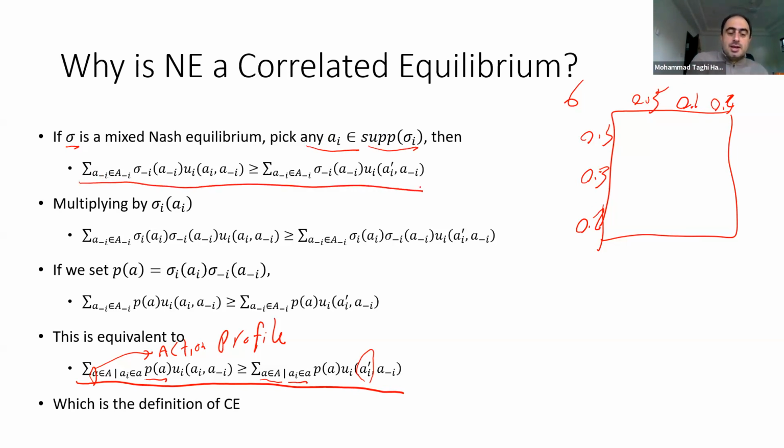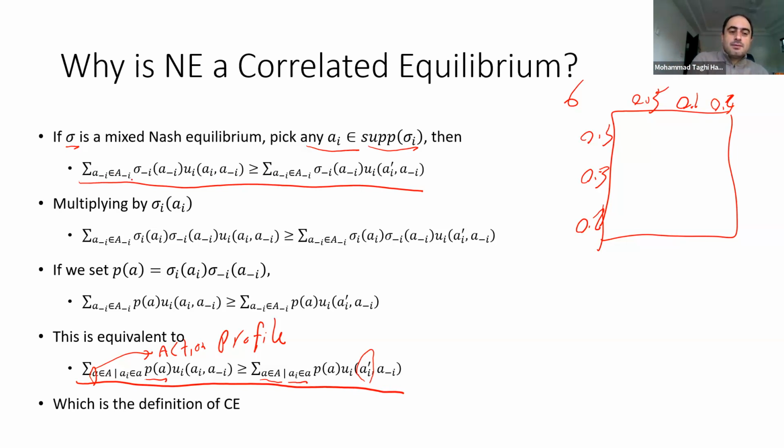It says that any action that you take in your support as a pure strategy, the utility that you get, if you just choose this action and give it probability 1, then it should be greater than or equal to any other action that you will take in terms of utility. So here we just write that one.